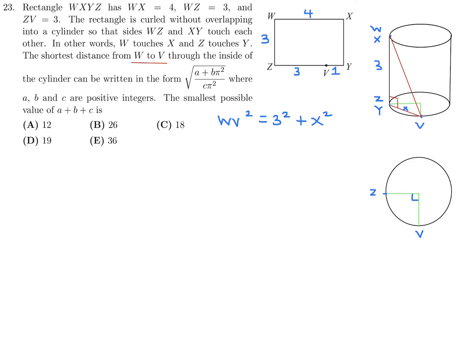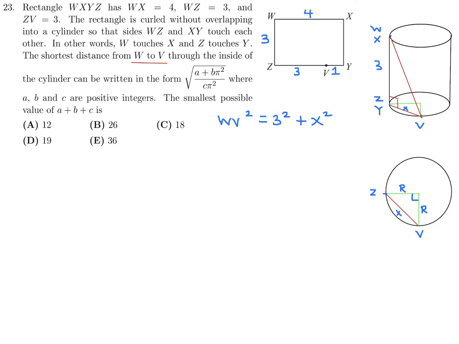All right, so let's look at that other diagram to figure out in a more clear way the value for X. The green lines represent the radius, right? So I'll just call that radius R and R. Well, the distance from here to here is 4. So that means the entire distance from there to there, the circumference, is 4. That's basically how that cylinder was made, by curling up Z to Y. So this whole distance is 4.